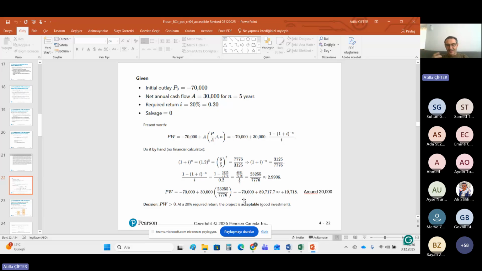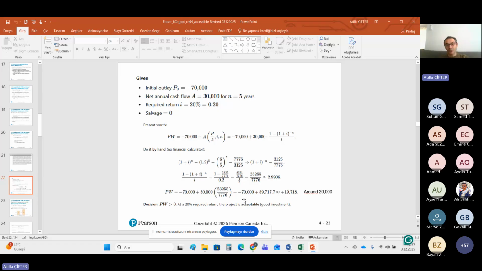Therefore, we just assume the salvage value is equal to 0. If it's not equal to 0, you need to bring it to today and then add it to the present worth. In that case, it will be even bigger than this $20,000. So it's a positive situation, right?